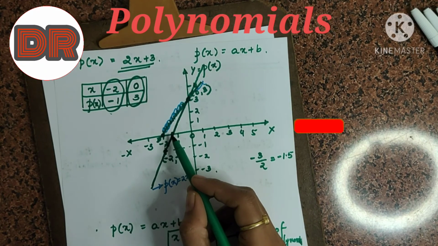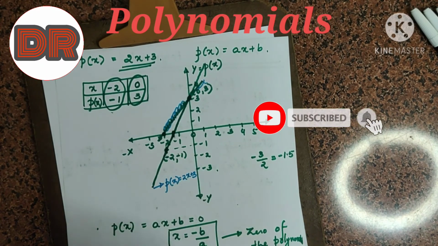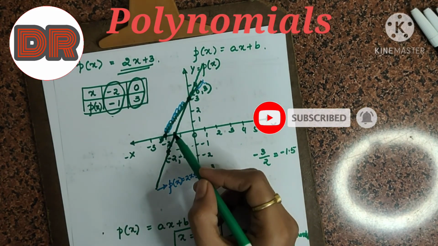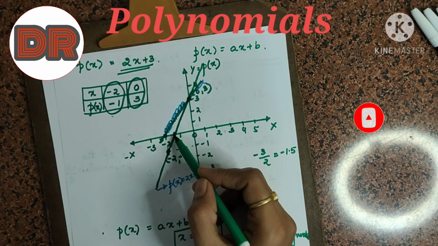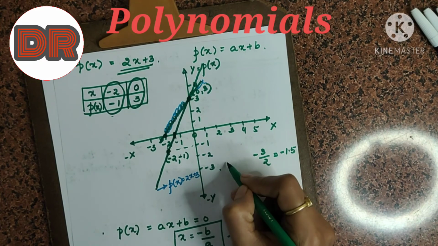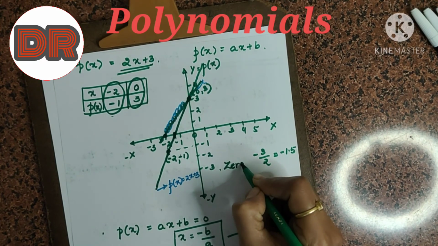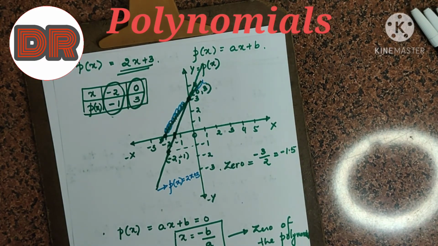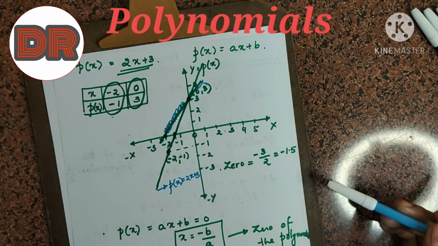There is only one point of intersection because this is a linear polynomial. This is nothing but the zero of the polynomial. I hope it is clear.